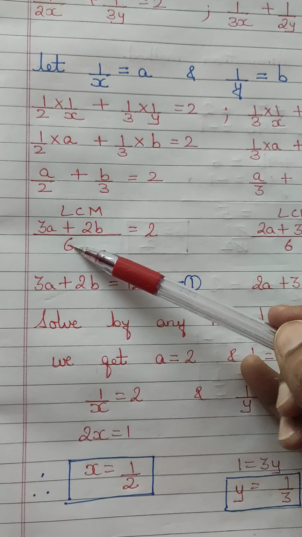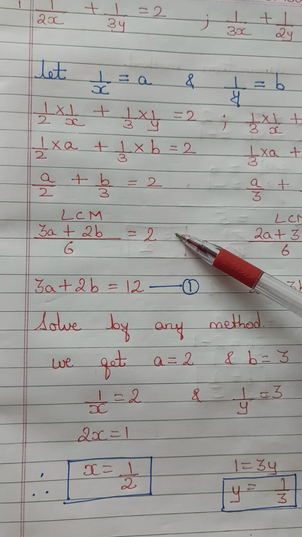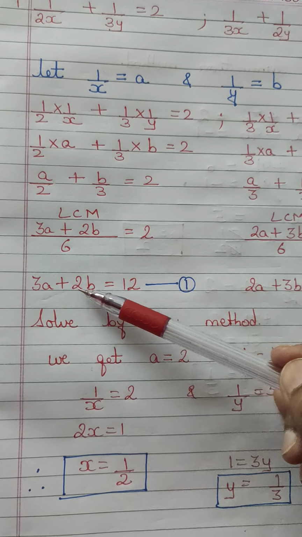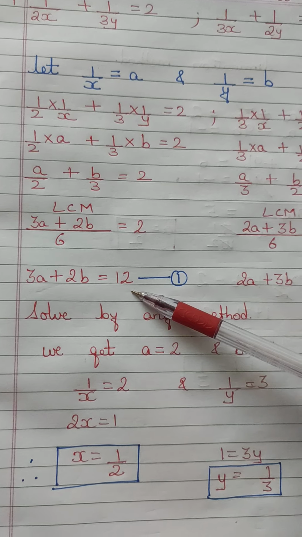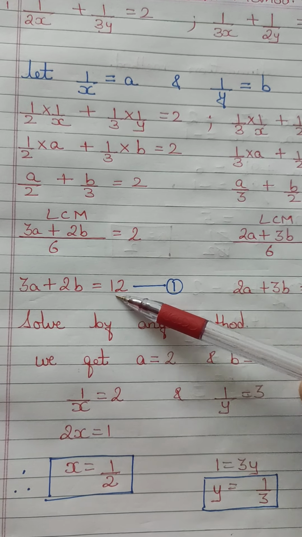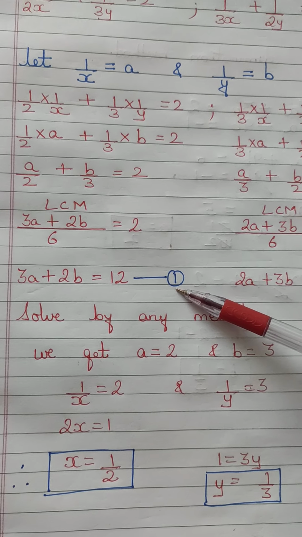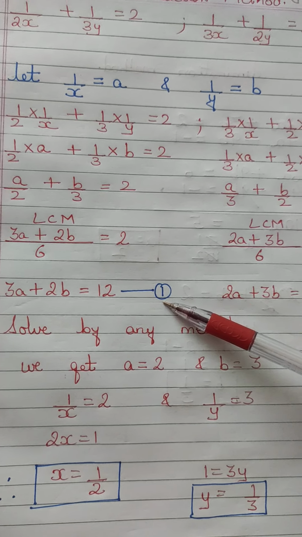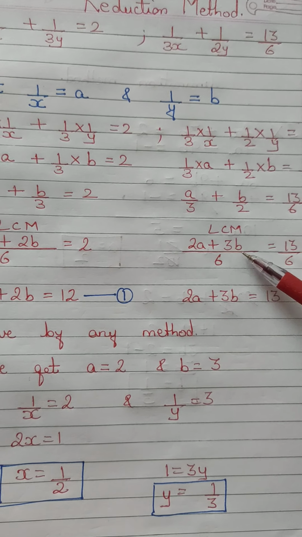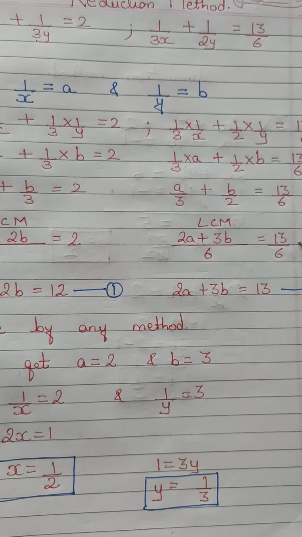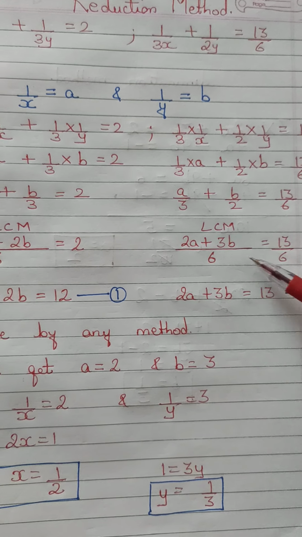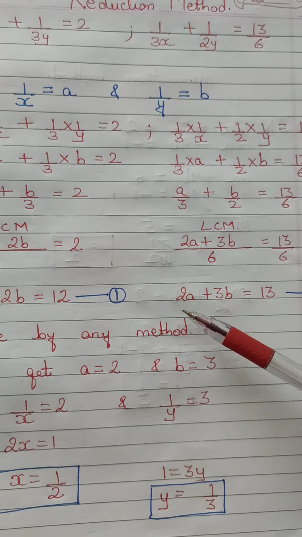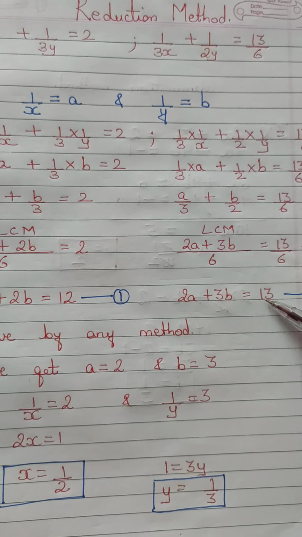Now, I'll cross multiply the denominator with this number. So, it becomes 3a plus 2b is equal to 12. So, this equation is the reduced equation. Equation number 1. Here it becomes 2a plus 3b is equal to 13 upon 6. 6 and 6 gets cancelled and I am left over with 2a plus 3b is equal to 13.